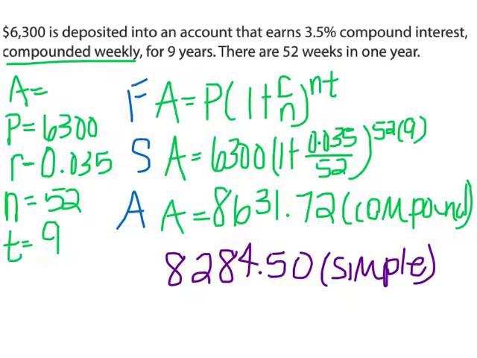If you were depositing money and making money, like in a bank account, you would want compound interest in this case. But if you were borrowing money, simple interest would probably be better because you'd only have to pay $8,284.50 instead of $8,631.72. So there's two different formulas for compound and simple. Make sure you use the correct formula.